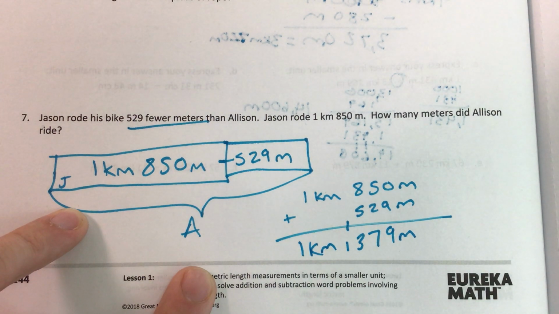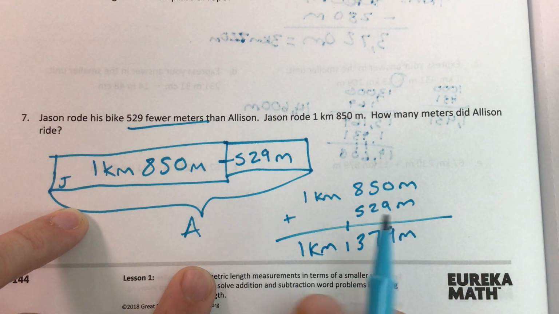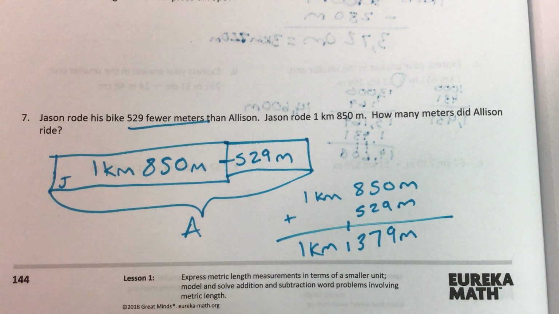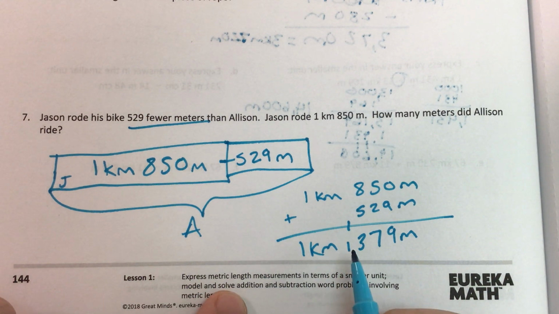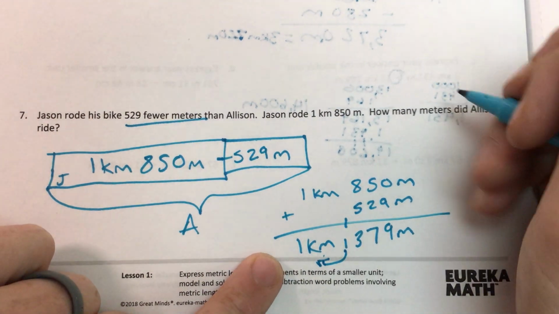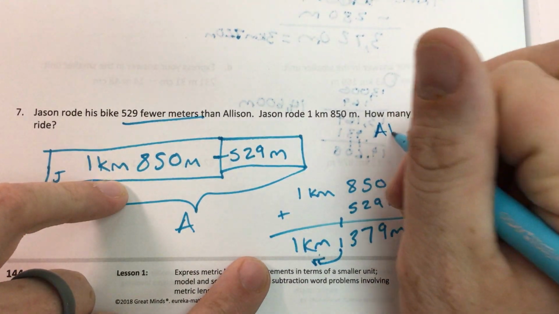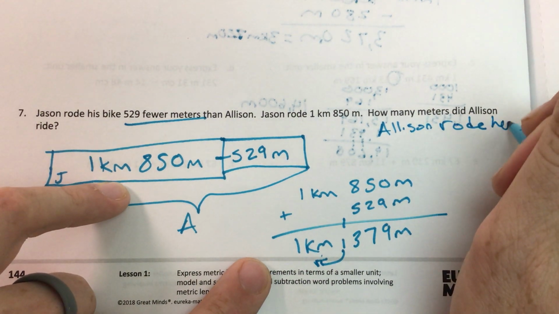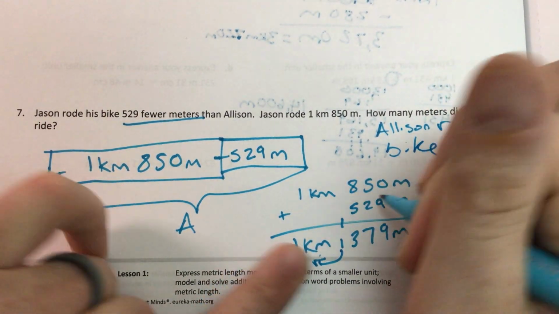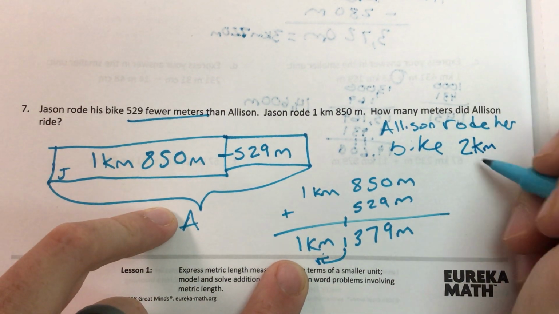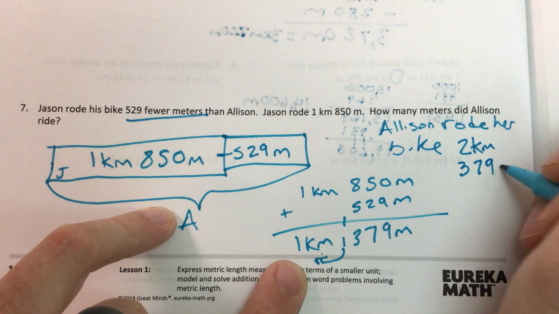In this situation, I know that with 1,000 meters, the simplified way I could write that is to exchange it into kilometers. So it would actually be Allison rode her bike 2 kilometers, 379 meters.